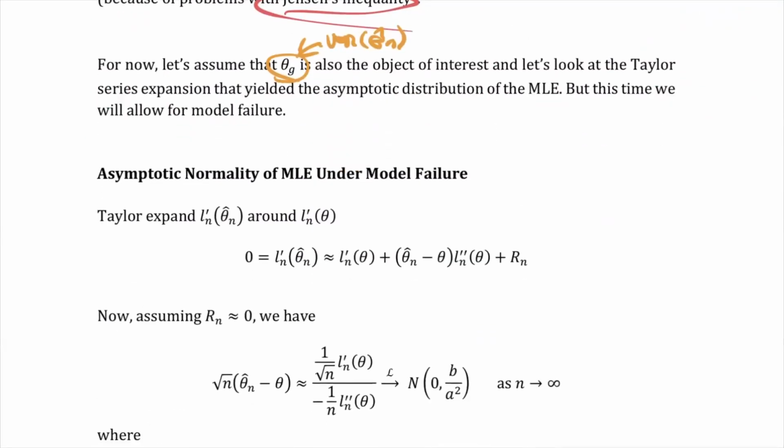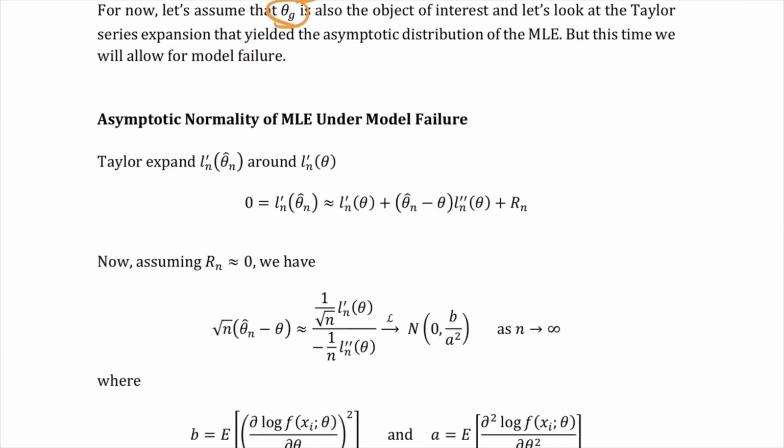So let's go back to our Taylor series expansion because we've done everything that we've needed to do mathematically. And let's see what the pieces of this are. So remember, we're Taylor expanding the score function. The score function, if you recall, is 0 by definition, because you're plugging in the MLE. And I'm going to Taylor expand this around the true score function at the true value, which is what I want.